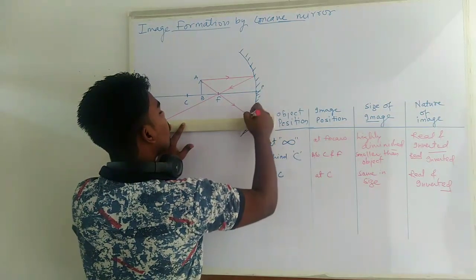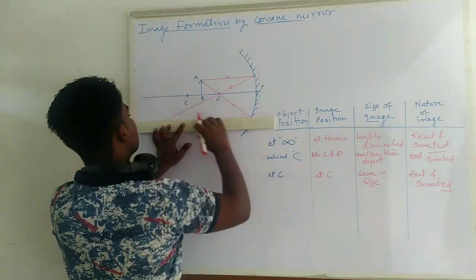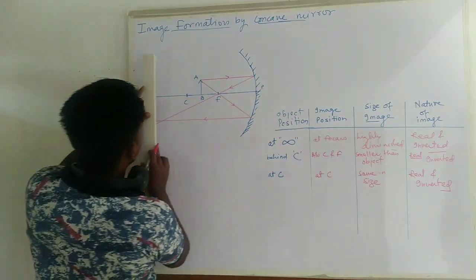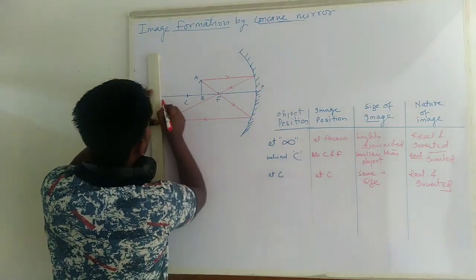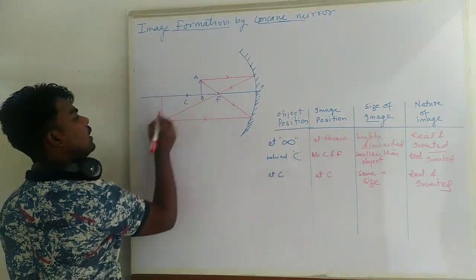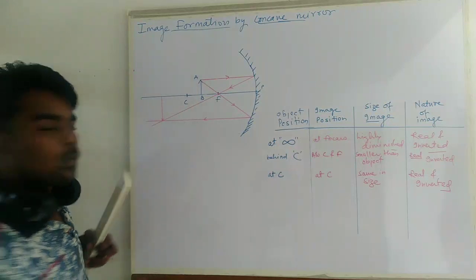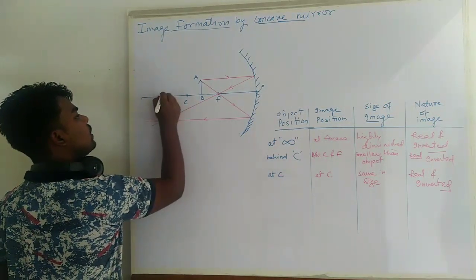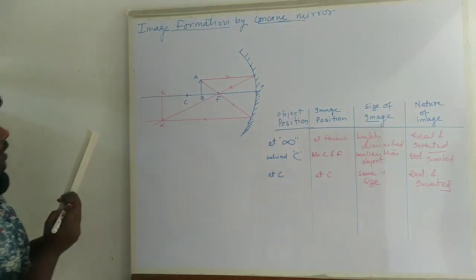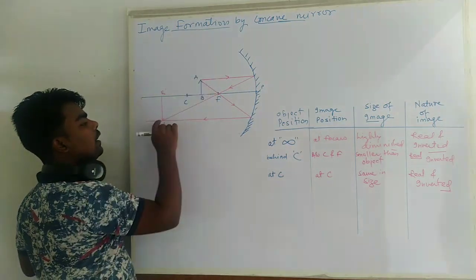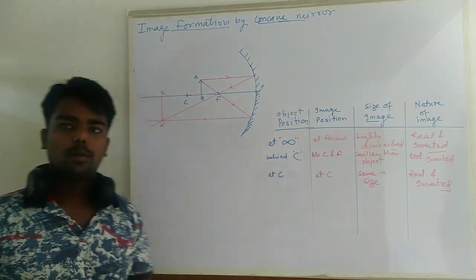Okay, so after reflection it is going parallel to the principal axis, and you will see the image is forming here, behind C. This you can write as A dash and B dash. From this point it was coming, and here the image is forming.